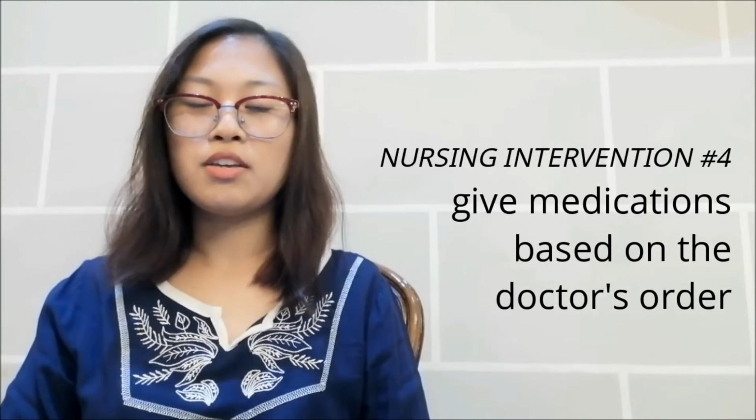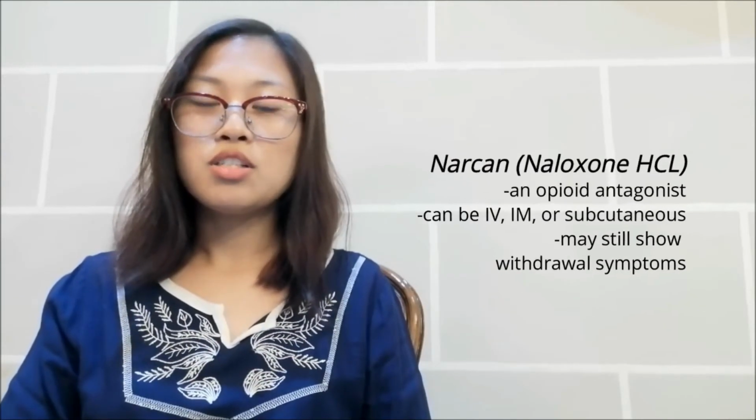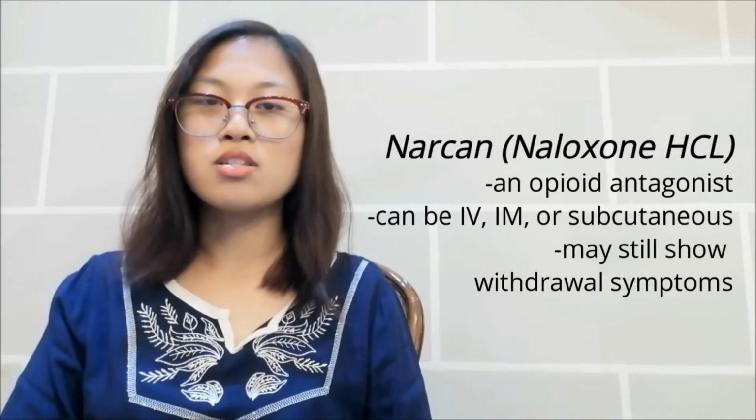The interventions mentioned were all non-pharmacological measures. If those interventions were not effective to treat opioid dependency, the last resort should be giving a medication such as Narcan, based on the dosages needed by the patient, given by the doctors.